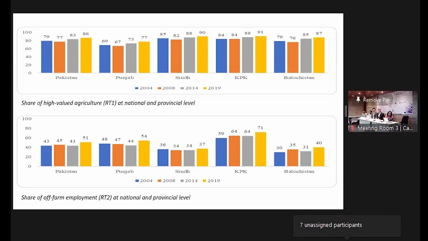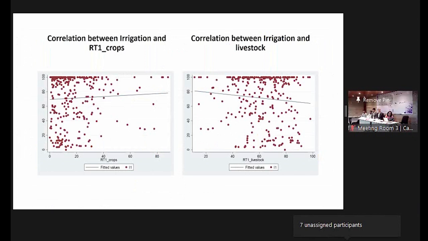But since we are mainly focusing on irrigation for this paper, we firstly develop a link to see the correlation that exists between irrigation and RT1. RT1 is the share of high valued agriculture. It could also count livestock, but here we separate the livestock out of it, because in the case of Pakistan the share of livestock is significant, so we would not be able to look only at crops that way. So that is segregated.